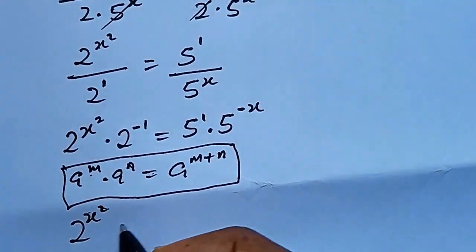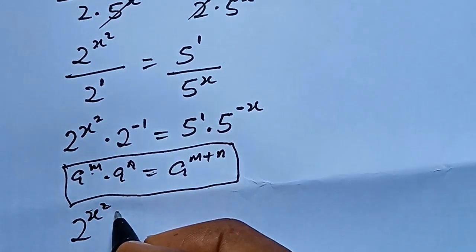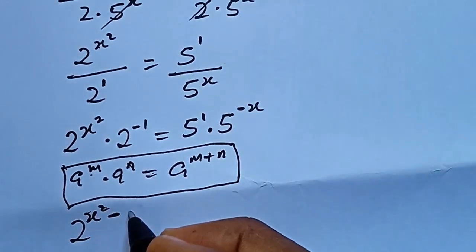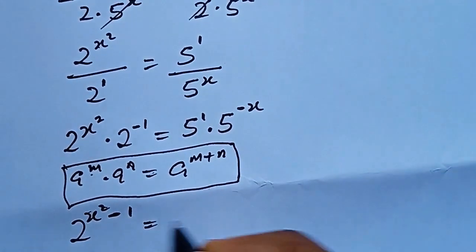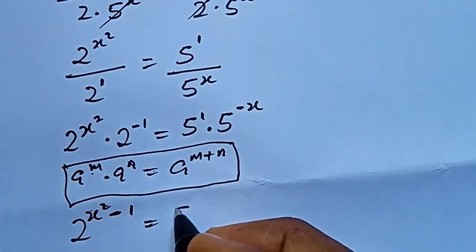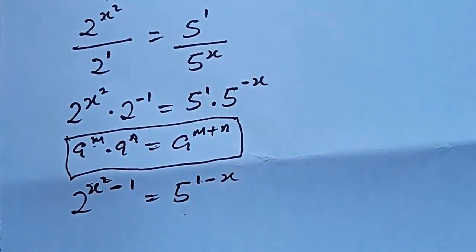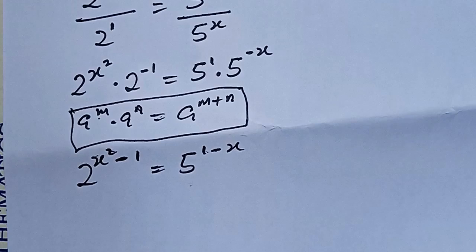So if we apply this identity, we then have our next expression to be 2 raised to power x raised to power 2, and this will give us minus. Okay, this minus will negate it. We have minus 1 equals 5 raised to power 1 minus x. This is what we are going to get.